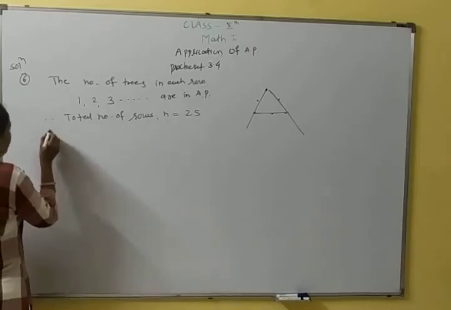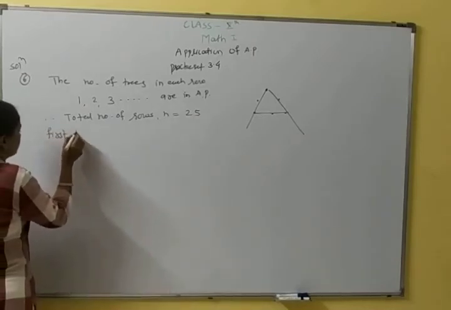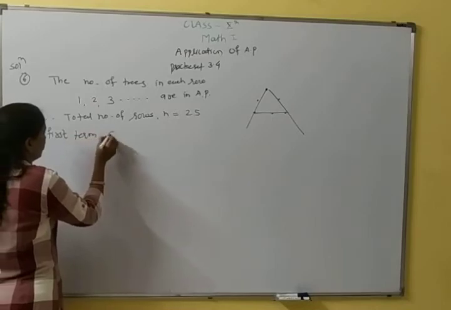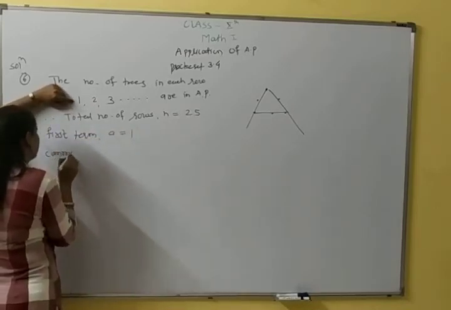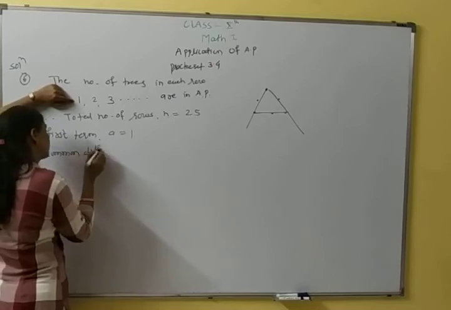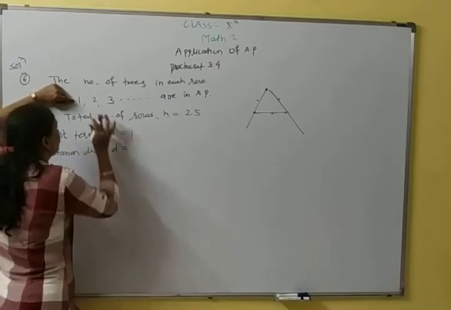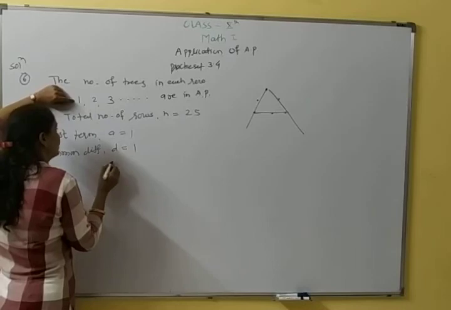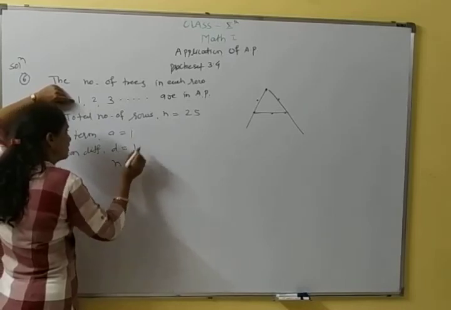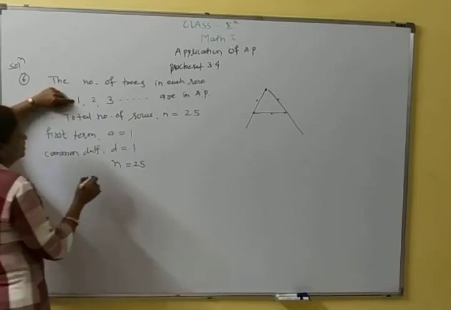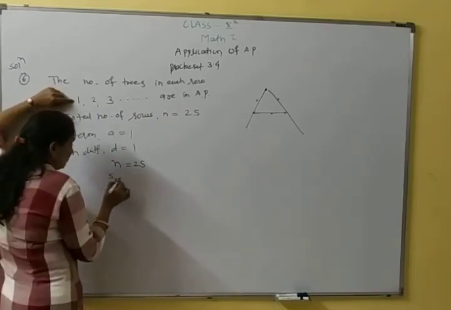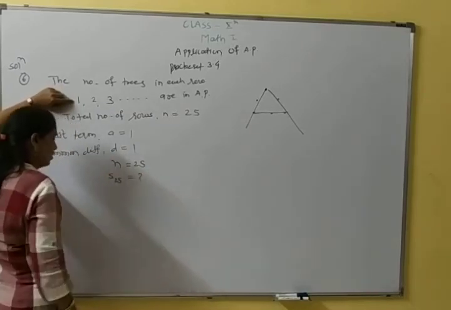Here first term a equal to 1, common difference d equal to 2 minus 1, 1, and small n equal to 25. Then find sum of trees, means S25 equal to question mark.